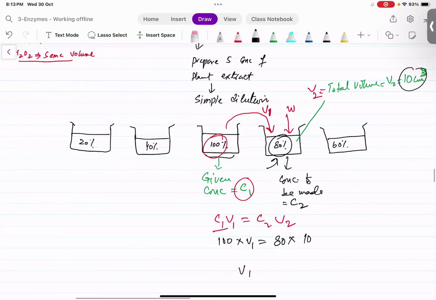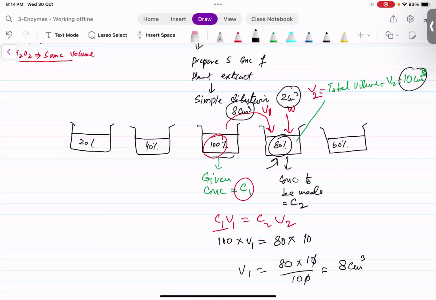And V1 would be 80 into 10 over 100. So this cancels out with this, and we divide this 80 by 10. So that would give us 8 cm cube. So 8 cm cube of this solution and 2 cm cube of distilled water has to be added into this to make the total volume of 10.